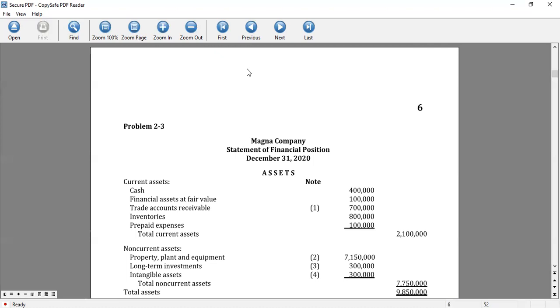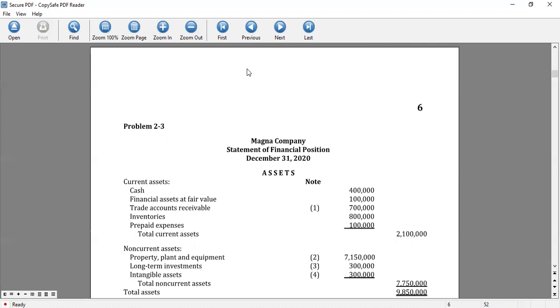Now, included in here is we have financial assets at fair value for the amount of 100,000. So, 100,000 investment in securities, short term. That's why we have financial assets at fair value.